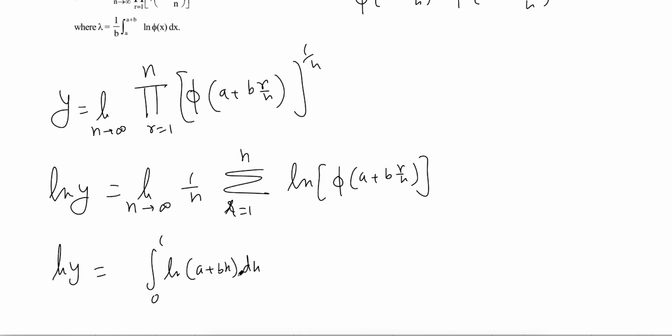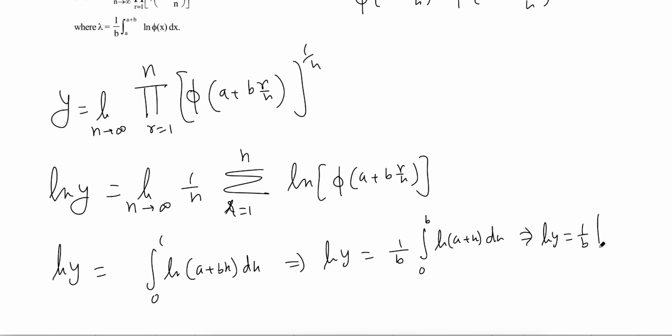Shifting property you can apply. x you can replace by x by b. So outside will become 1 by b and it will become 0 to b, ln phi of a plus x. Now again x you can replace by x minus a, means subtract a. So what will happen? In the limit only will change. ln y equal to 1 by b, a to a plus b, ln phi of x dx.